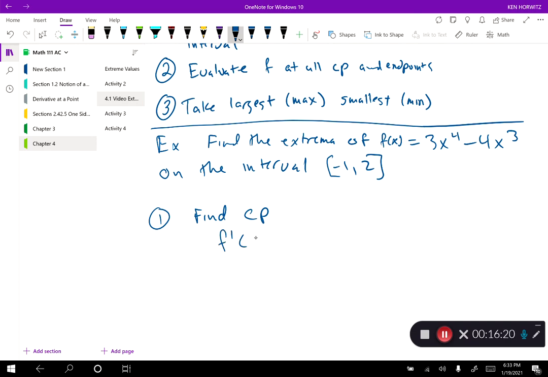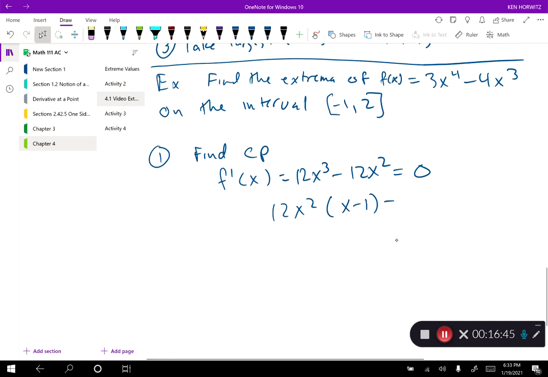So f prime of x equals 12x cubed minus 12x squared, and we need to set our derivative equal to 0. Now we need to figure out what x is. So I'm going to factor out a 12x squared, and I'm left with x minus 1 equals 0.